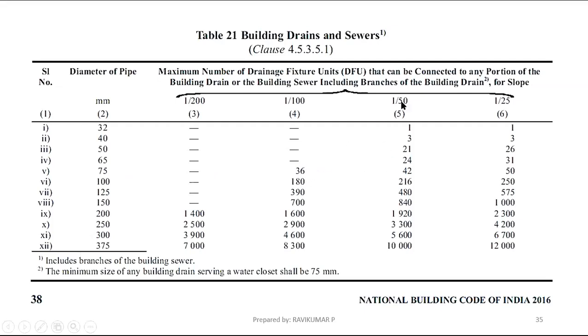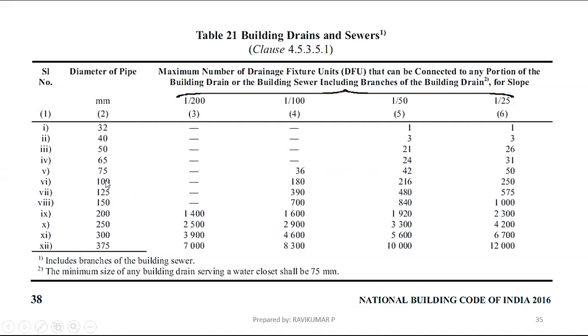If you are running a 75 mm header pipe at 1:50, up to 42 fixture units you can connect. If you run the 75 mm header pipe at 1:25, 50 fixture units you can connect. So like that you are going to read the table.